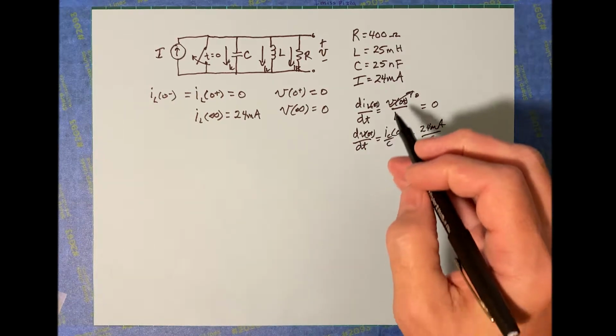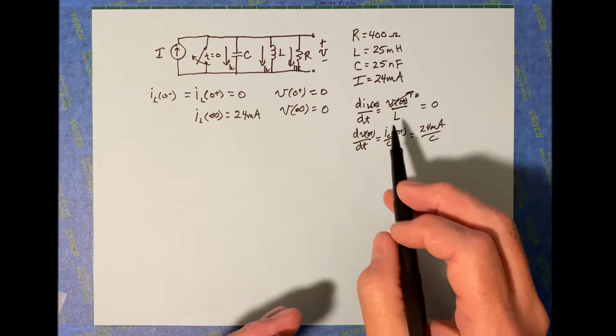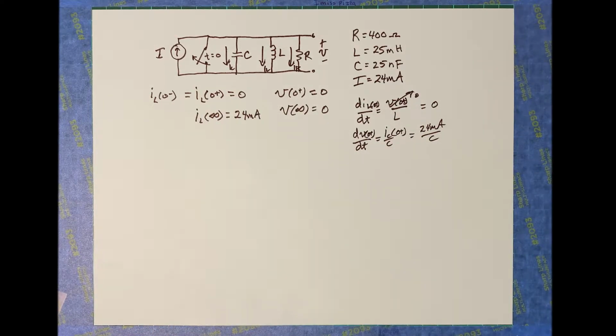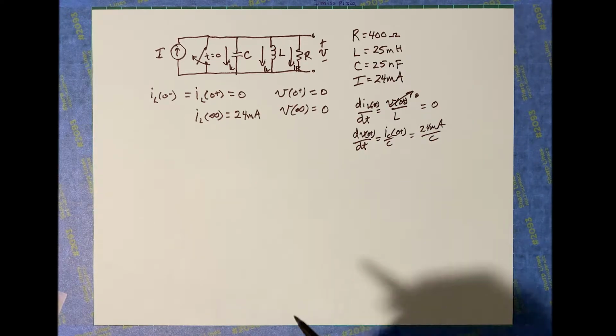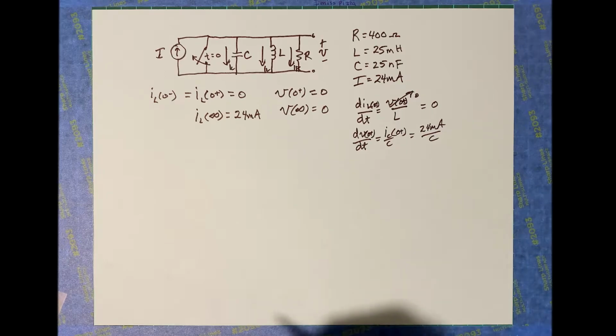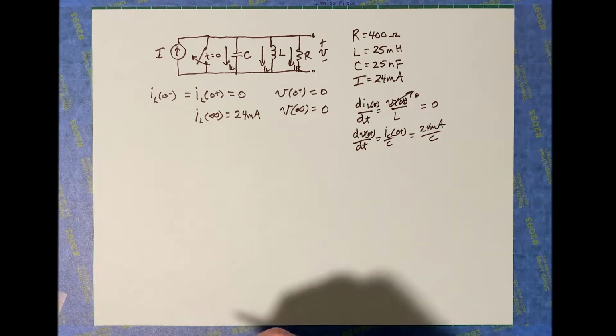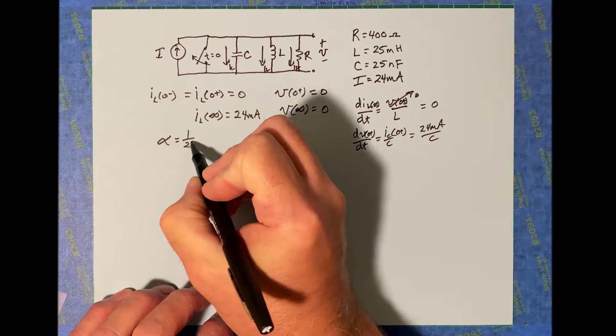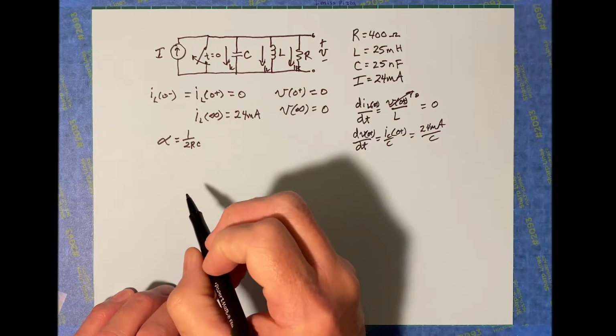Okay, so those relationships here and here are going to help us figure out what our coefficients are for our voltages and currents. We'll go through most of this. I'll skip some steps to show what the numbers are, but alpha is going to be 1 over 2RC.